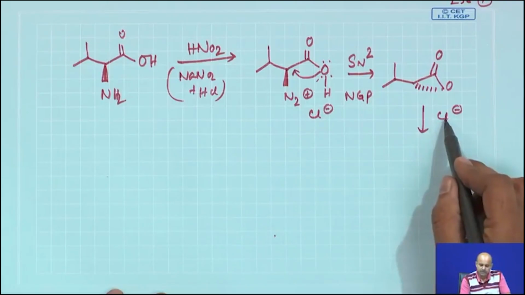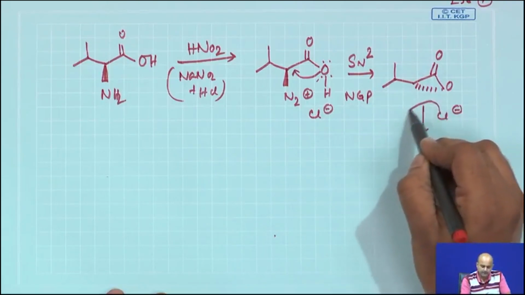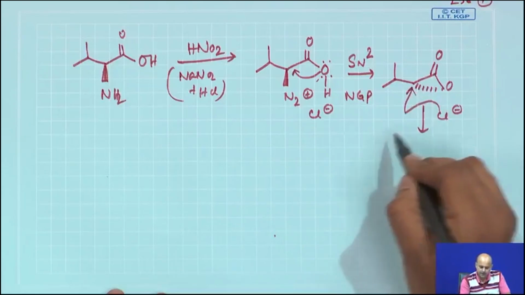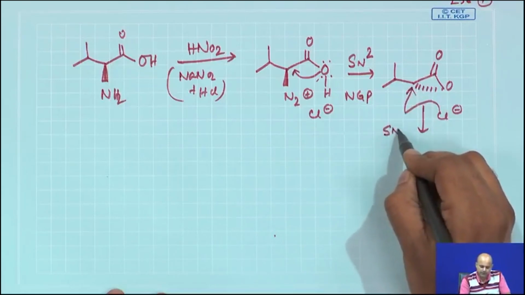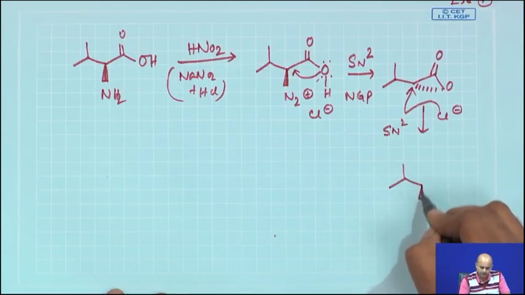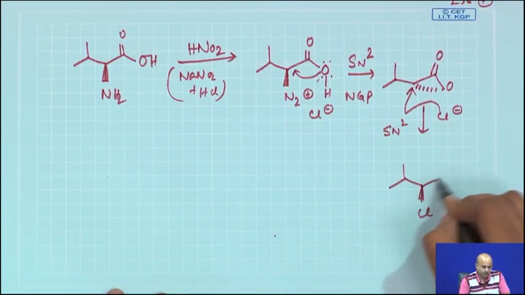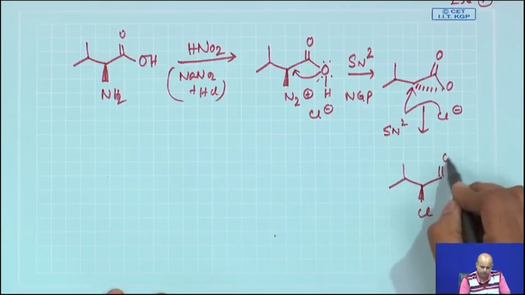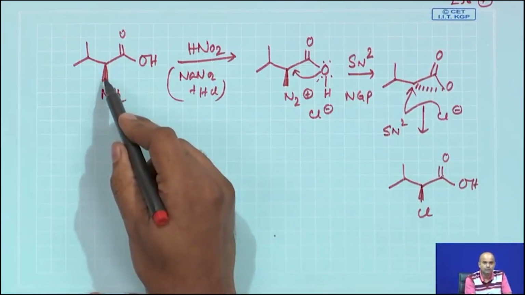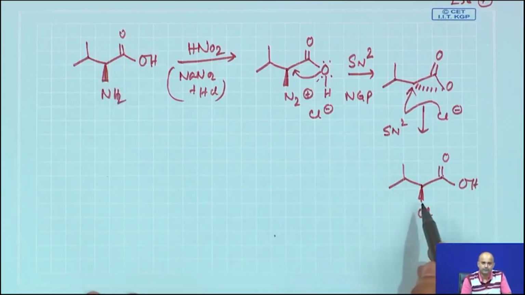Then the Cl minus acts as a nucleophile and reacts with this lactone again in SN2 fashion, and then you will get this compound, where the original stereochemistry has been retained.